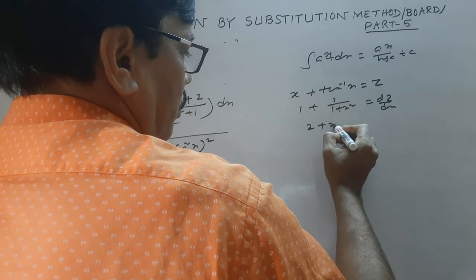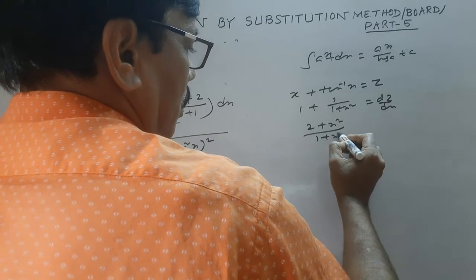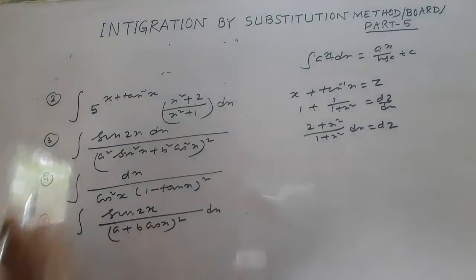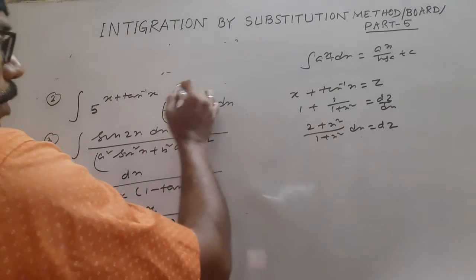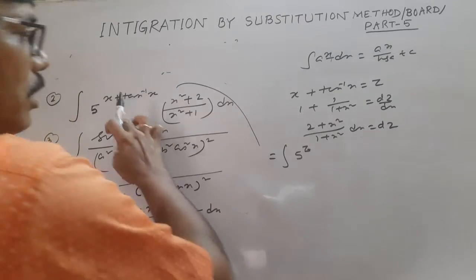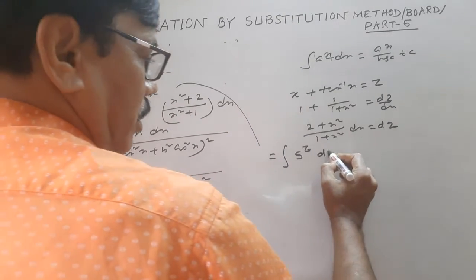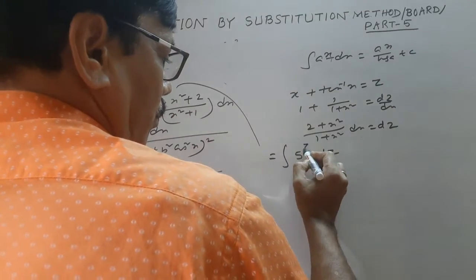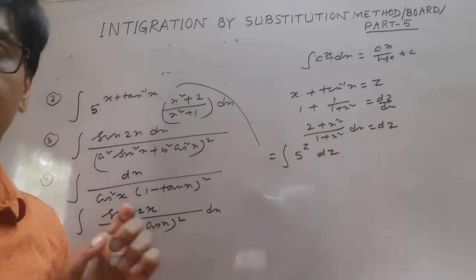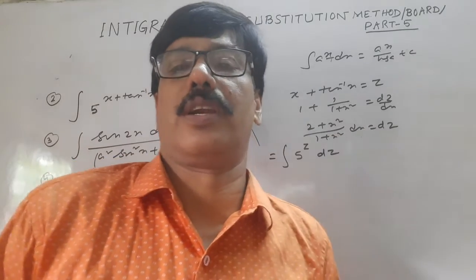So (2 + x^2) by (1 + x^2) dx equals dz. So look, after this, 5 to the power z and this is dz. So this argument is z, so it is in standard form.